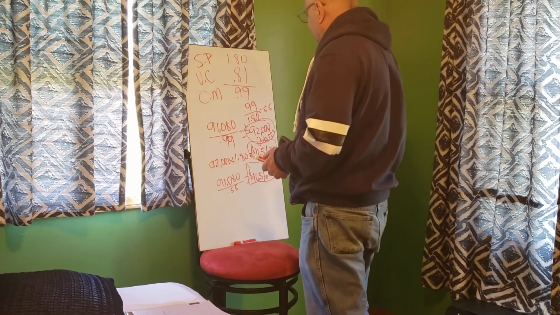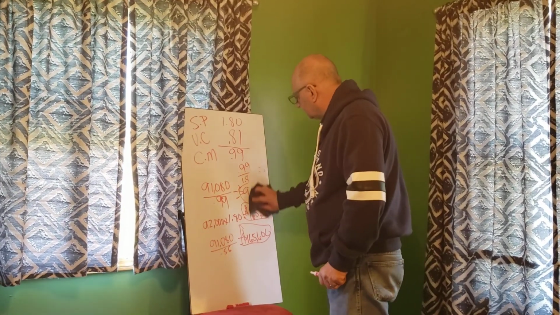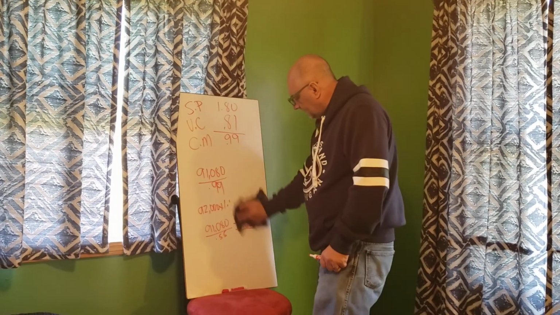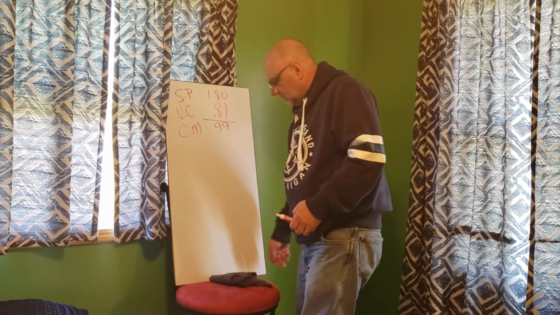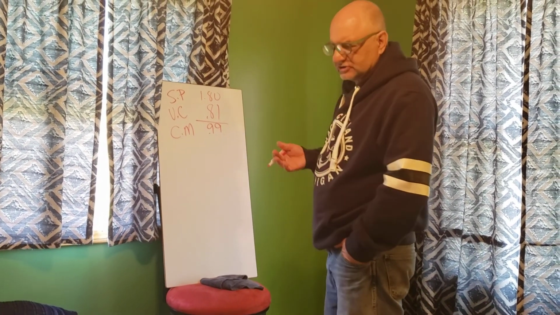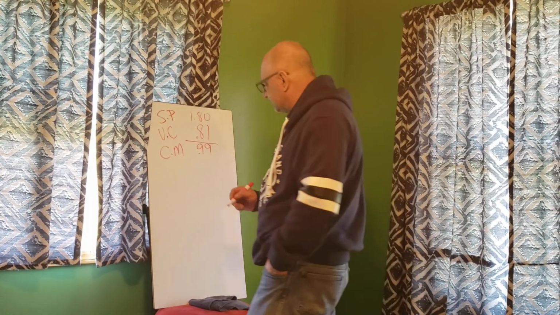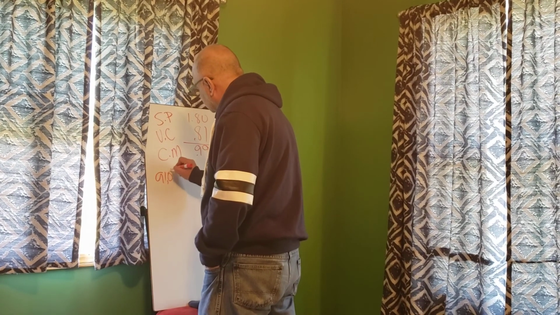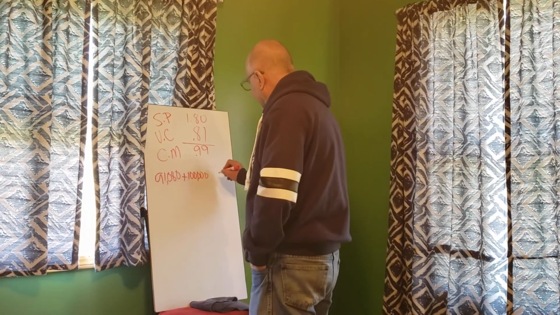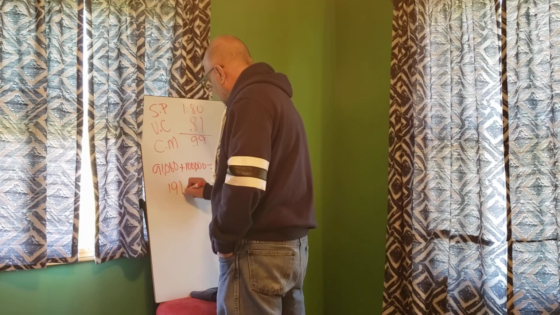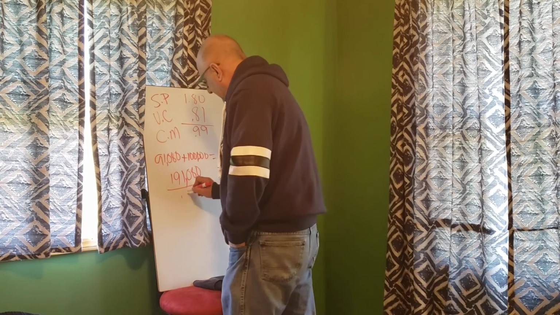But we're now going to finesse this just a little bit. I want to expound on what we've done here. Let's say that our goal is to make a profit of $100,000. So I would take my fixed cost of 91,080 plus the 100,000 of profit I want to get, 191,080, divided by my 99 cents.